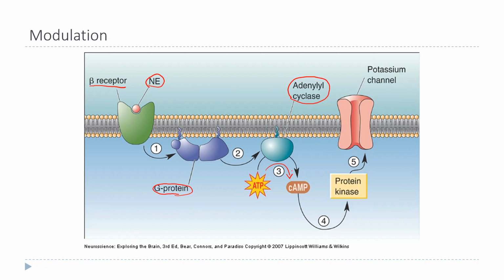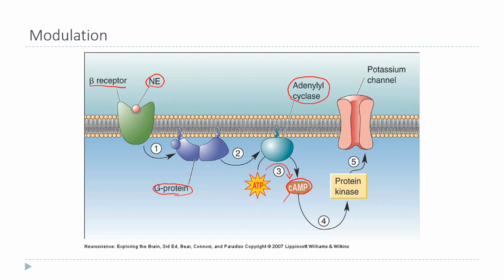But adenylyl cyclase does use the energy from ATP, but in the process, instead of making ADP, which is what most enzymes that use ATP do, it converts it into a different molecule called cyclic AMP, or cyclic adenosine monophosphate. It takes off two phosphates and then connects one end of the phosphate of the AMP back to itself to make a ring, which is why it's called cyclic AMP.